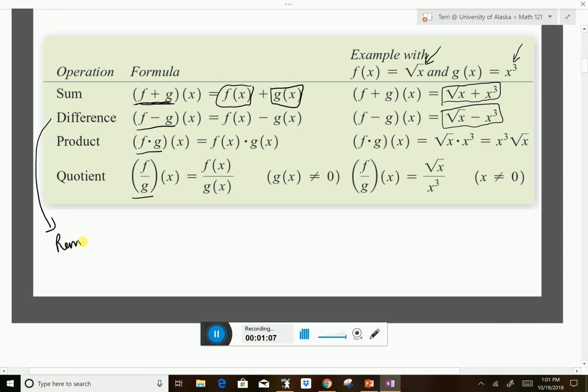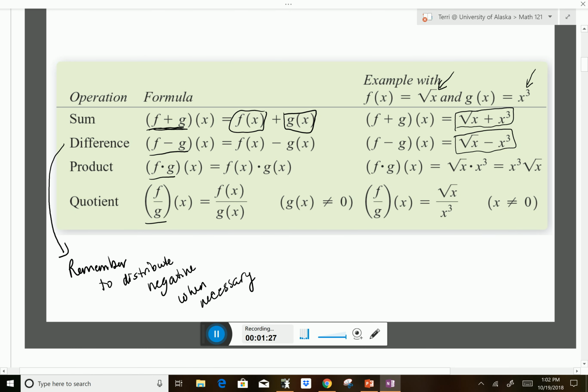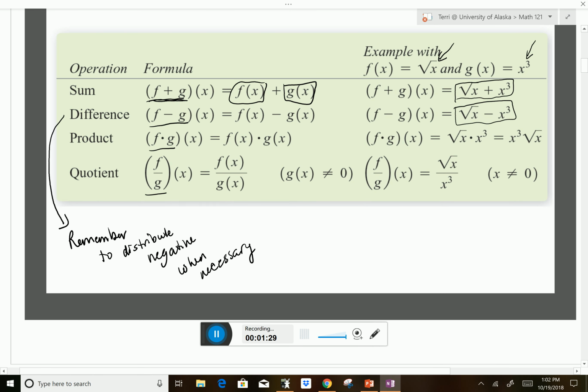to remember to distribute the negative when necessary. In this case, it isn't, but if I had two functions where the second function had more than one term, I would have to distribute that.